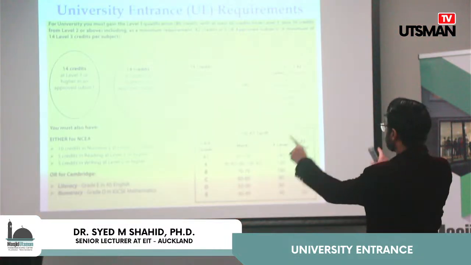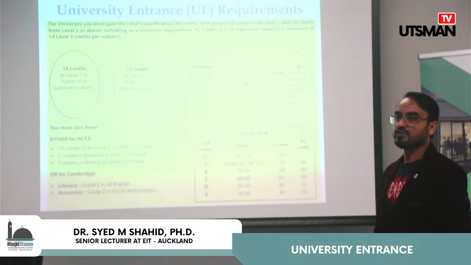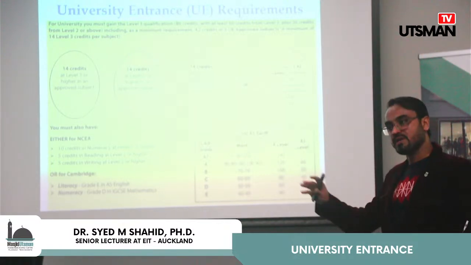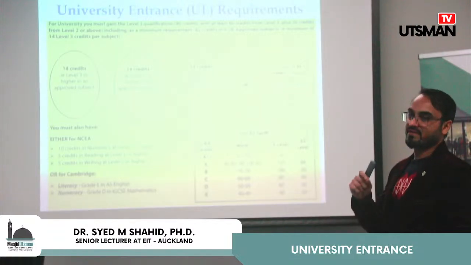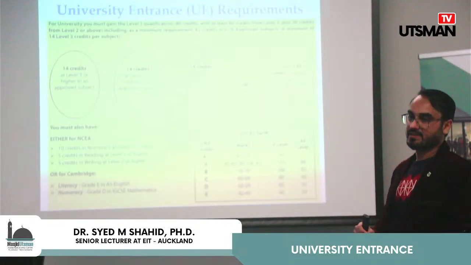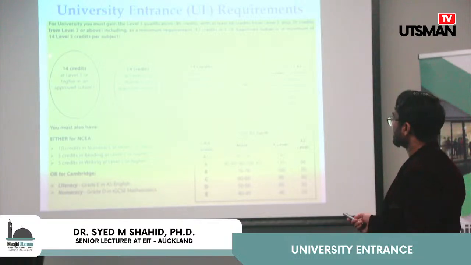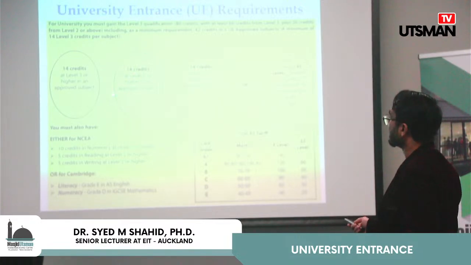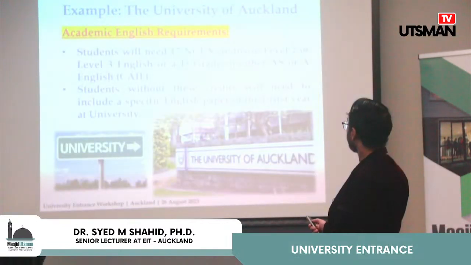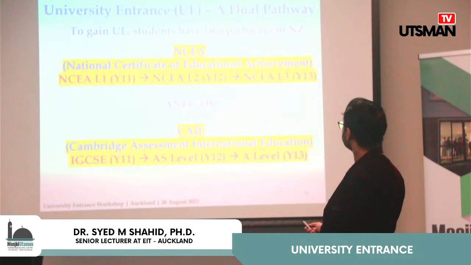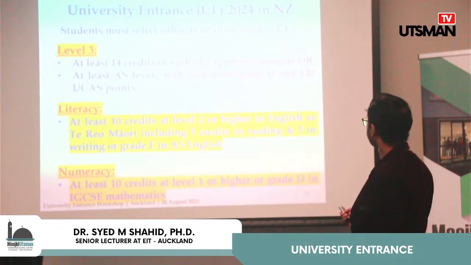So there is another summary for you to understand, another way of presenting the same information. What is the minimum requirement? I repeat, 14 credits at level 3 in an approved subject, then 14 credits in another approved subject, then 14 credits in another approved subject. You remember in the previous slide I said 3 approved subjects.